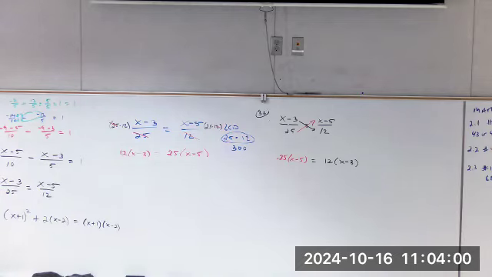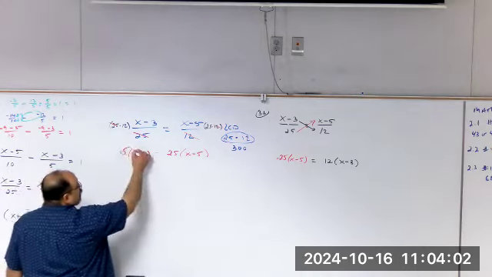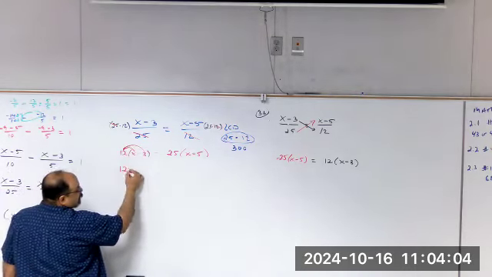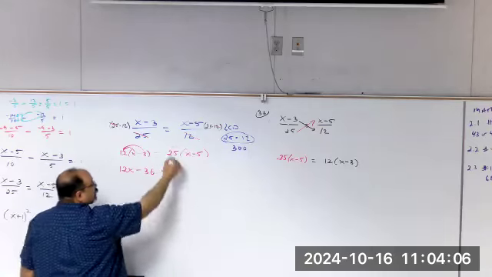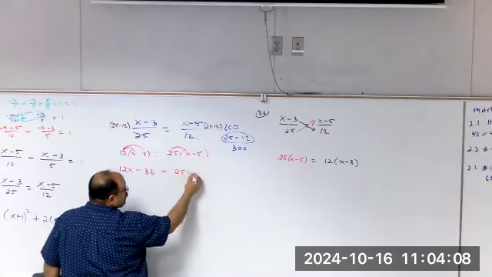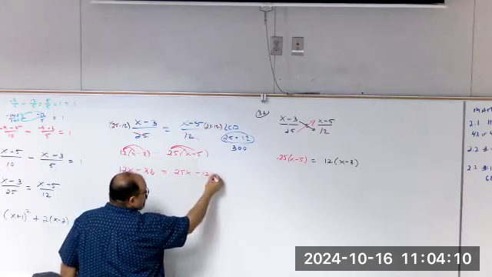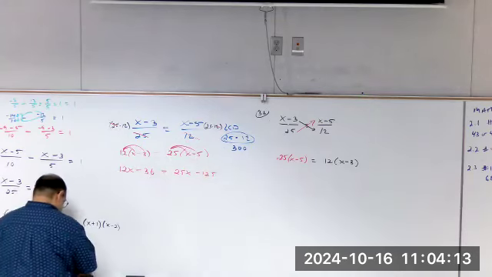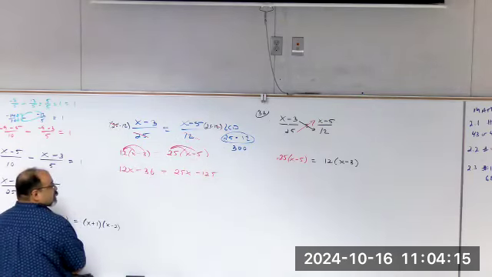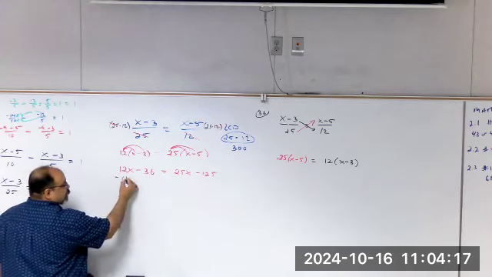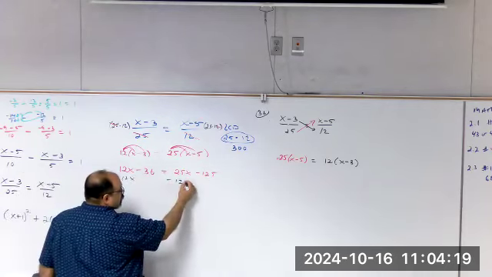Okay. Distribute: 12x minus 36 equals 25x minus 125. Variables on one side. Subtract 12x.